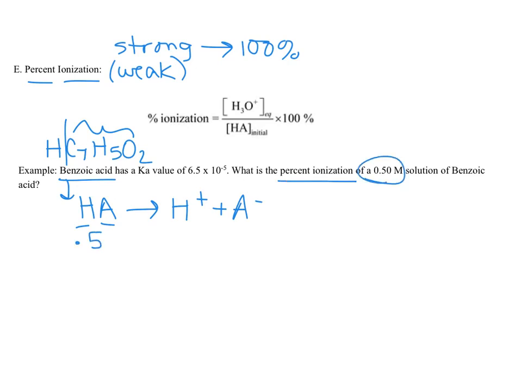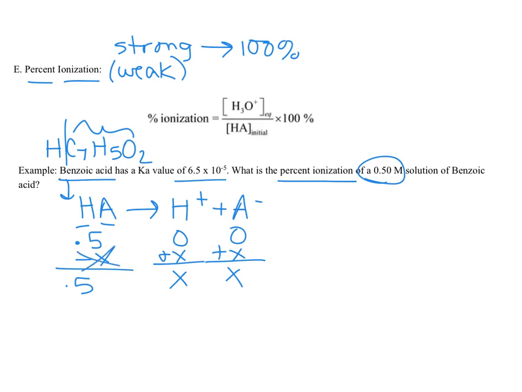So starting with 0.5, I'm going to go ahead and solve for x again. With my weak acids, we're going to be dealing with problems where you can disregard this x because it's going to be so small.